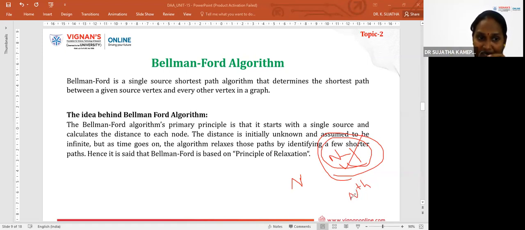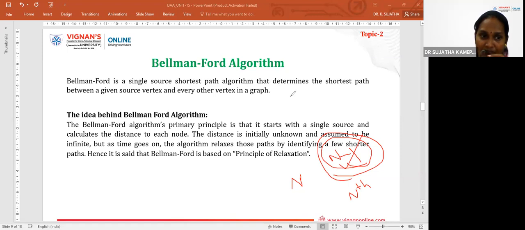How can I find this? If we relax the edges n times and there is a change in the shortest distance of any node between the (n minus 1)th relaxation cycle and the nth relaxation cycle, then we can say that a negative cycle exists. Otherwise, there is no negative cycle.